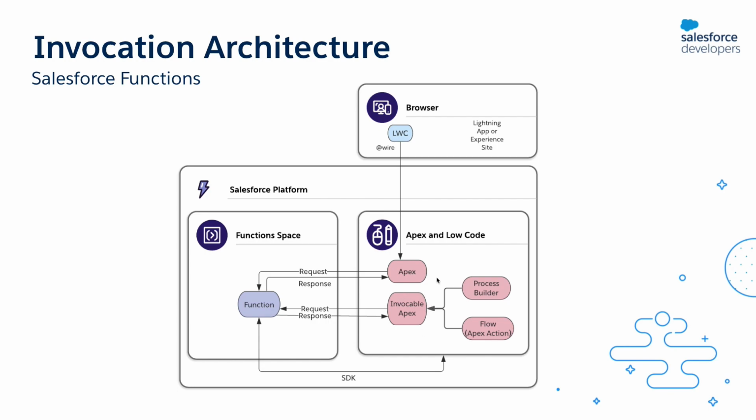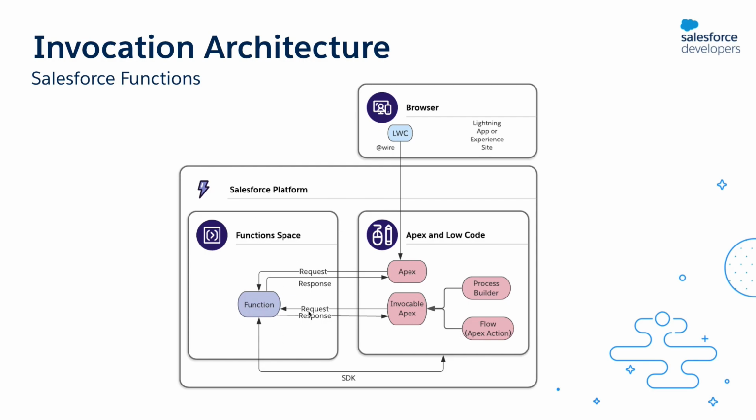As of today, we are able to create invocable Apex to invoke those functions, which can be called from Process Builder or from Flow. And we are able to invoke the function through Lightning Web Components through Apex as of today. I think in the future we will draw a line from Lightning Web Components directly to the function, but this is completely forward looking because that's what I believe is going to happen.